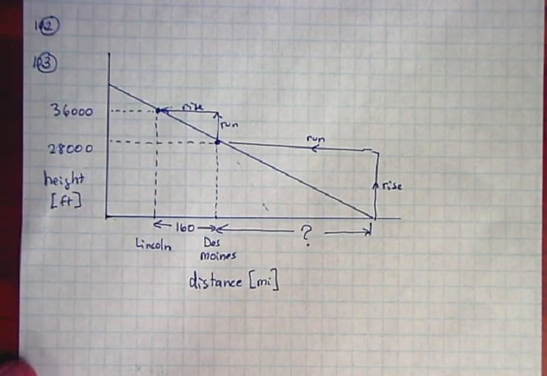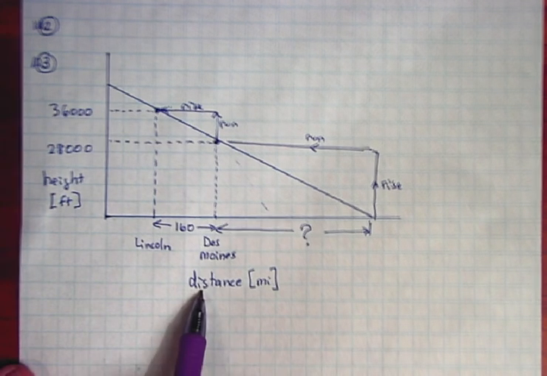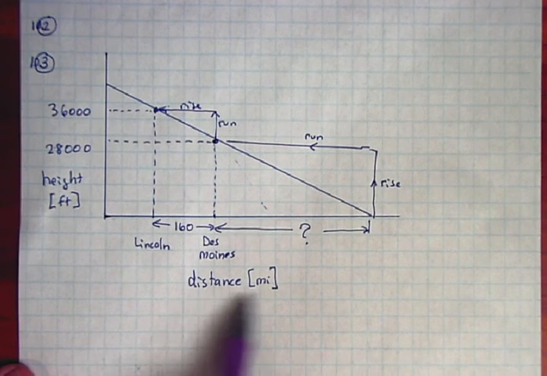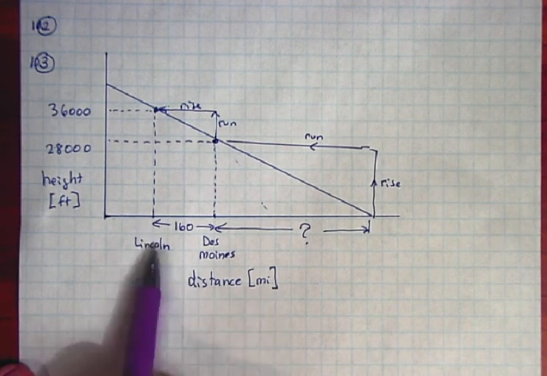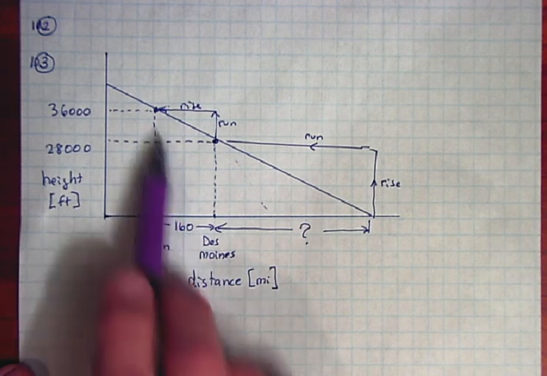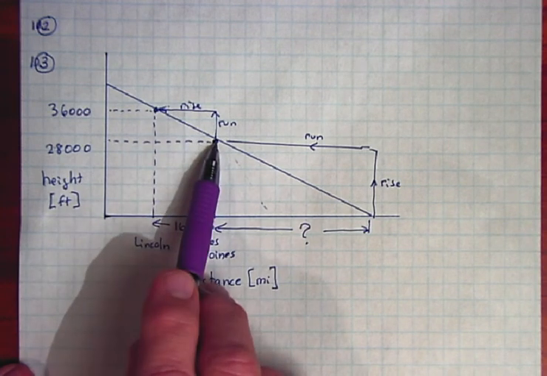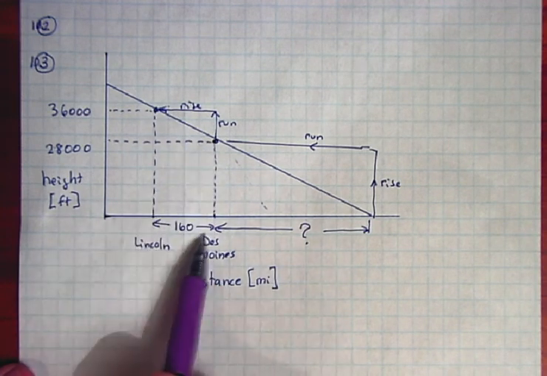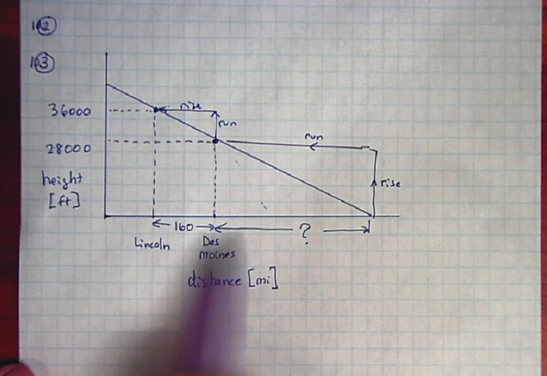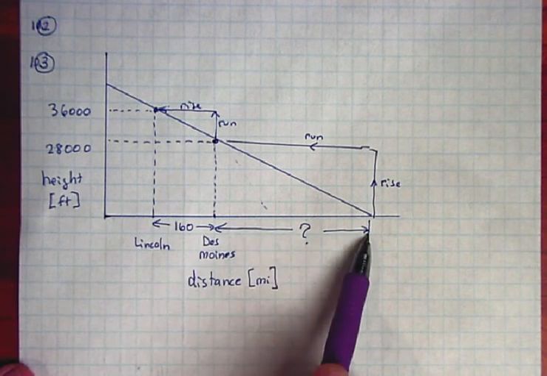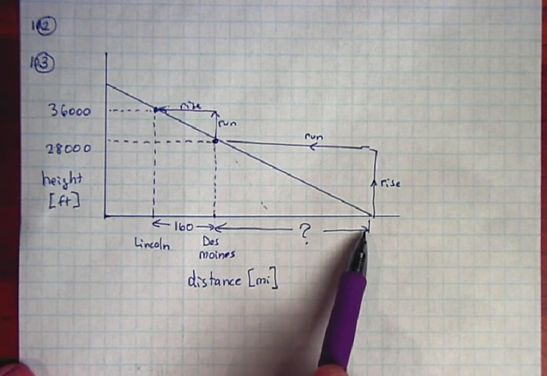Problem number 3 deals with a very similar setup, except instead of having time on the x-axis, you're going to have a distance. We're going from Lincoln to Des Moines, a certain height in the air. This distance on the ground is 160 miles. And you're asked to find how far it is from Des Moines to the point where he reaches the ground if he keeps going at the same constant rate of descent.